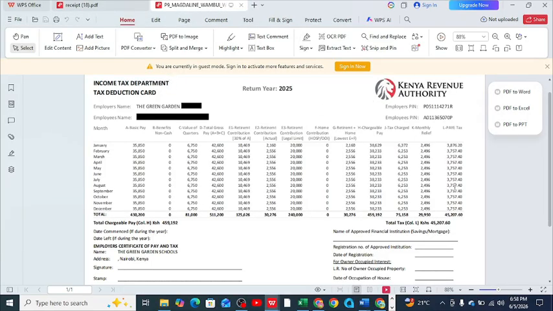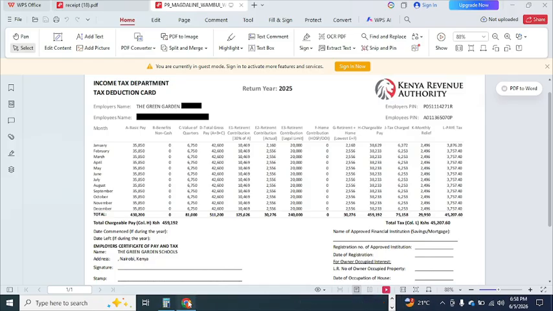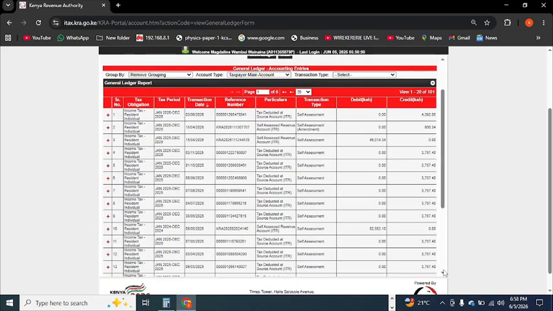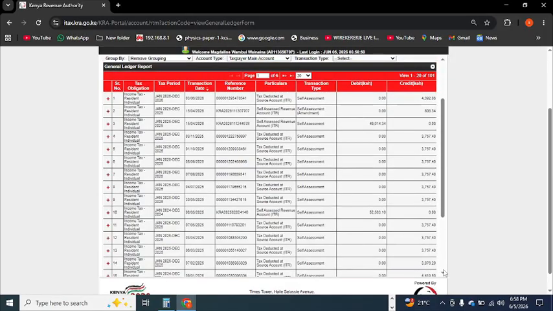You can notice this is equivalent to the amount of the pay which was remitted as per these ledgers. In the P9 form it is showing all the amounts of pay entries that were entered, but you can notice we have some missing months, and these missing months are the ones causing discrepancies, which is affecting the tax due, or the principal tax which this employee is demanded to pay.